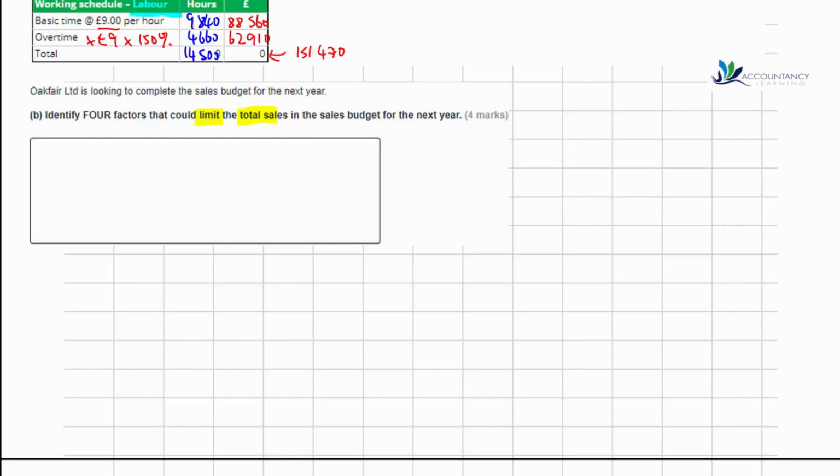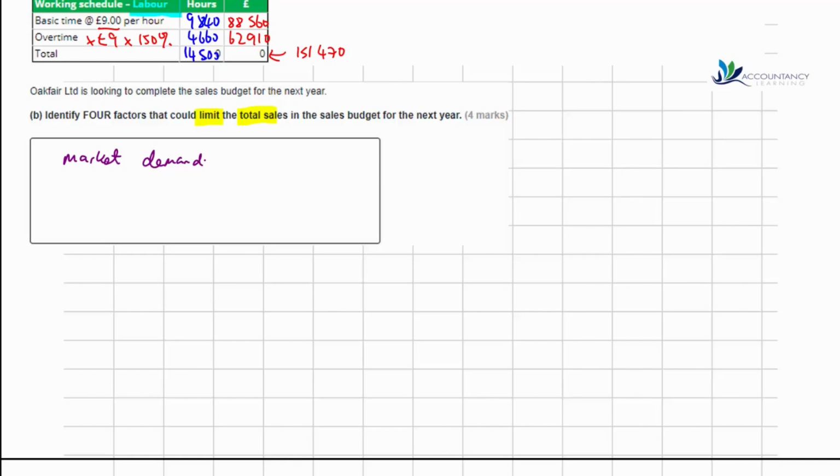Well, potentially we just need to look at the market conditions. It could be that we're going through a recession and people have no money, so they're not able to buy more things from us. So yes, market demand could cause us to limit our sales.